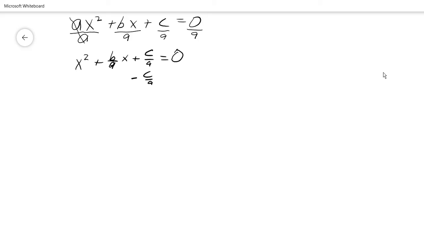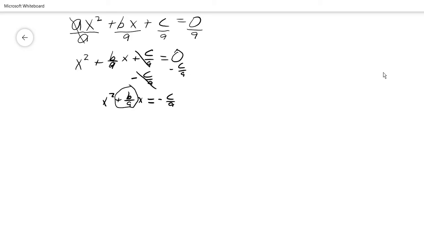And if you do it to one side, you need to do it to the other side, just like that. Anything minus itself is 0. So we're left with x squared plus b over a x equals -c over a.